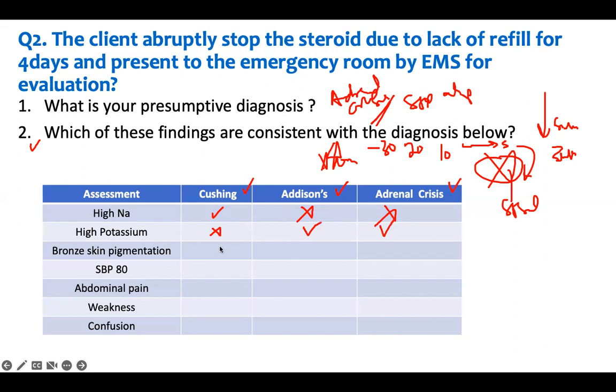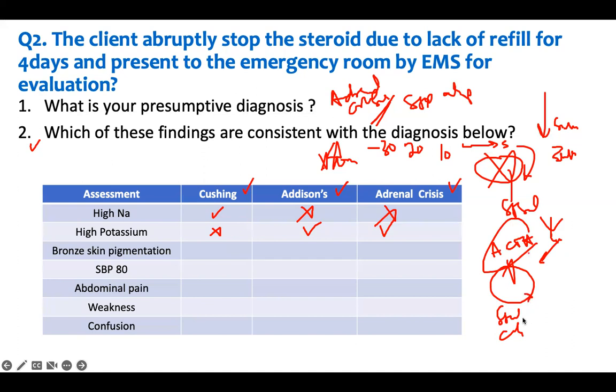Bronze pigmentation. This is one of the things that is specific to Addison because in Addison, the adrenal gland cannot make steroid or aldosterone. So it's shut down, and your body, from the hypothalamus to the pituitary down to the adrenal, will secrete ACTH, and this hormone regulates secretion of steroid.